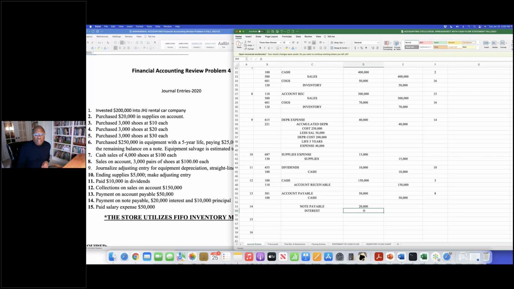Dr. Boyd, isn't that backwards? Could be, payment on the note payable 20,000, interest 10,000. So why is it backwards? Oh, never mind, I read it wrong. And the bank wants cash, 30,000.